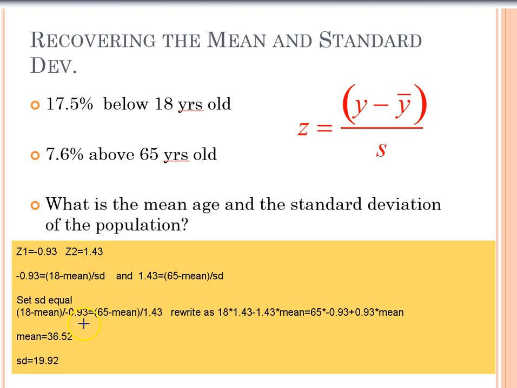Then you can simply rewrite this equation in terms of the mean, and we solved for the mean. Once you have the mean, you can plug that variable back into either of these two original equations to get the standard deviation. And that's how you solve this problem with two basic statistics to solve any other summary statistics.